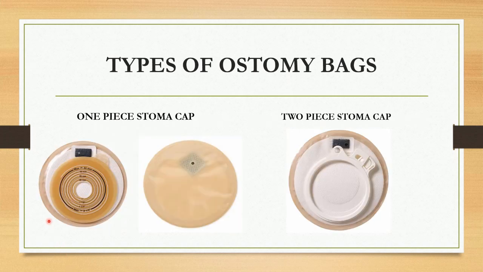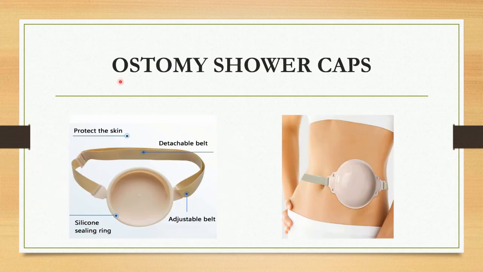The last one is stoma cap. This is also available as one-piece stoma cap and two-piece stoma cap, as you can see in the picture. These are all ostomy shower caps which can be worn by a person while taking a shower to protect the stoma.